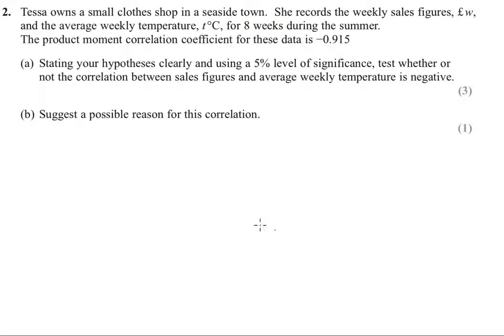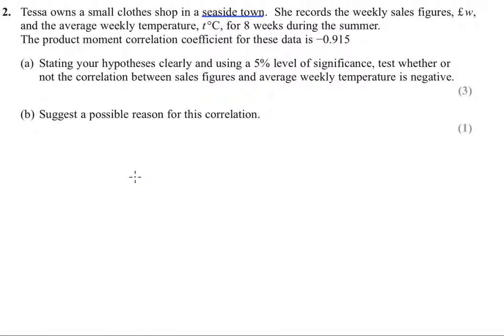Part B of question 2 asks us to state a reason for this correlation. So Tess and her weekly sales figures compared to the average temperature. We have to say why we think when there are high temperatures her sales will be less. Now her shop is in a seaside town.